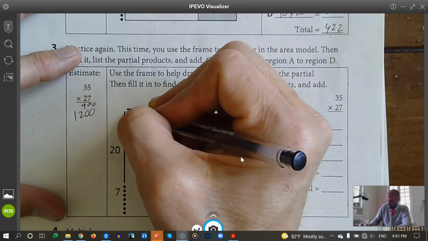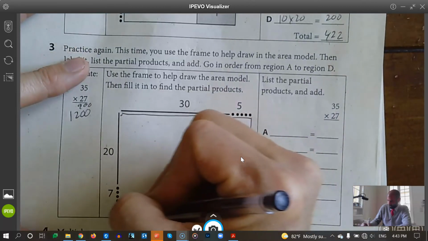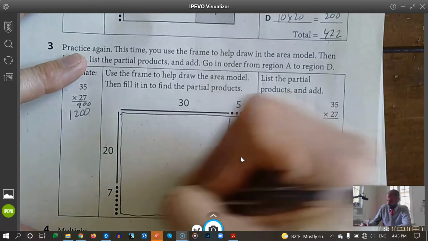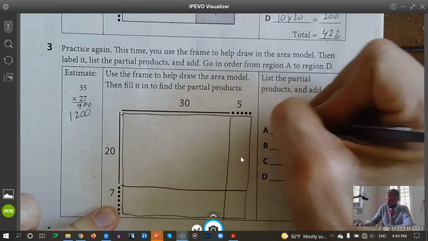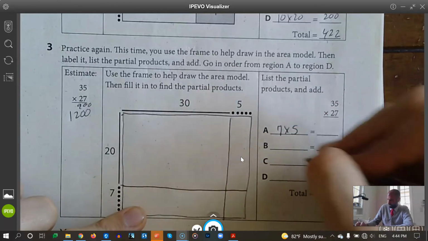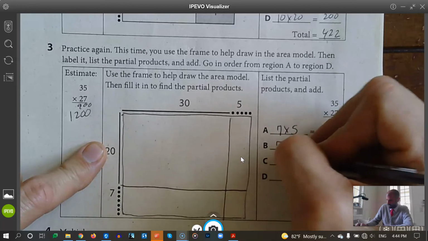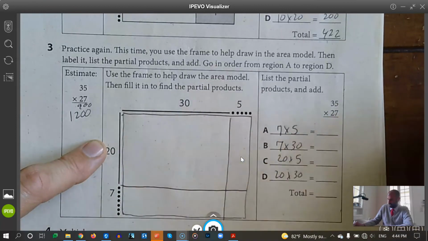All right, so we're going to make our rectangle. We're going to make our areas. Those areas are 7 by 5. B is 7 times 30. C is 20 times 5. And D is 20 times 30.